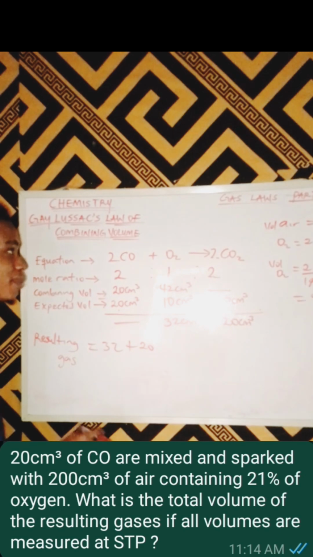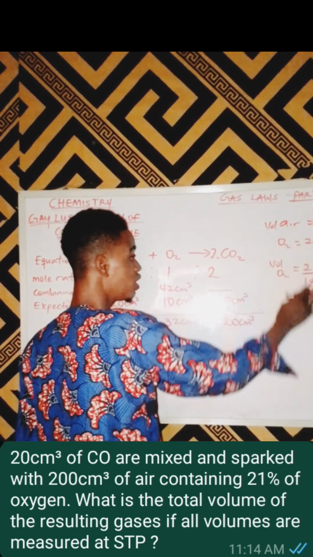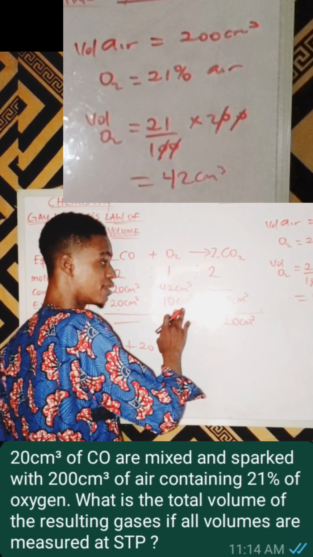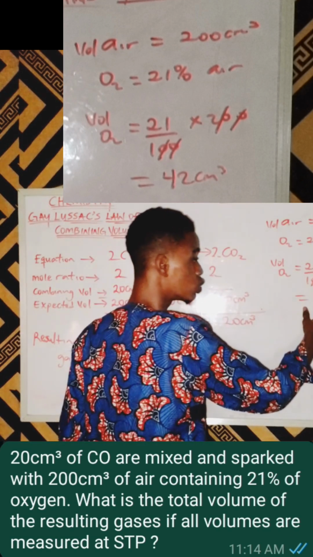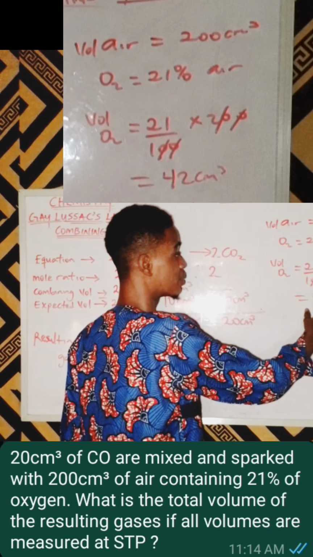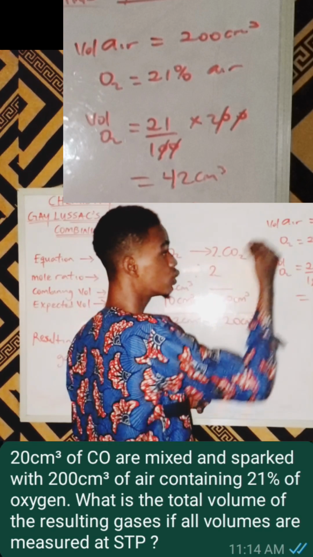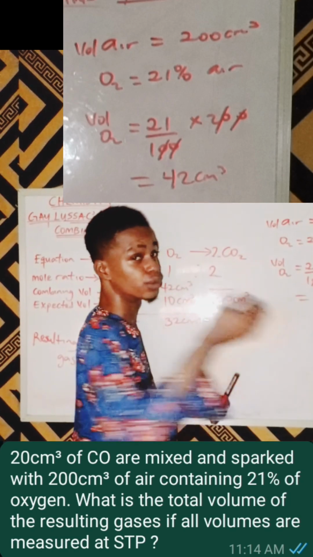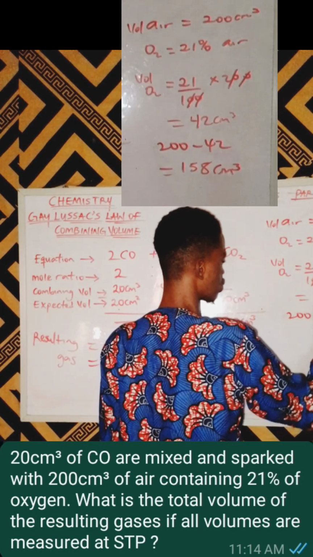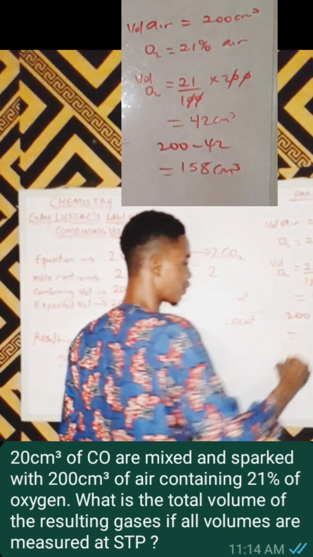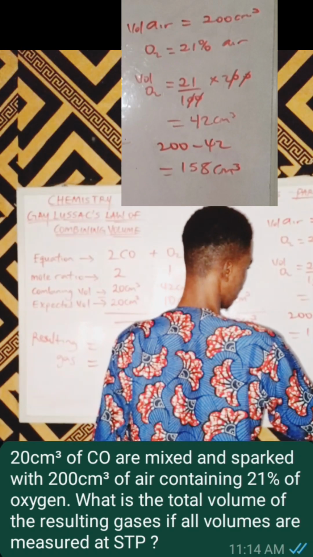Now, if you can remember, out of 200 centimeter cube of air, only 42 is oxygen, so I used 42 here. So what volume of air is going to be left after I remove oxygen? That's going to be 200 minus 42, which is 158 centimeter cube.